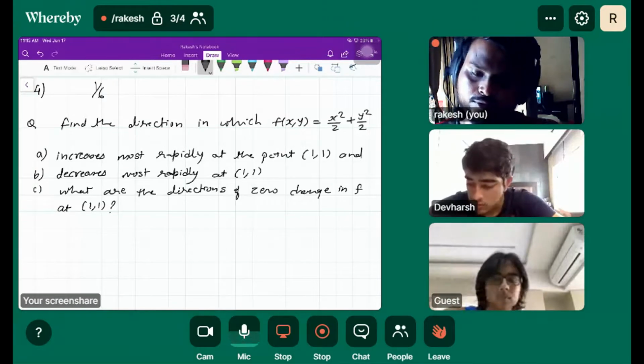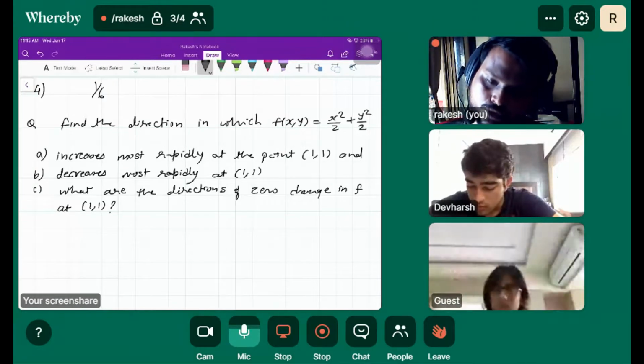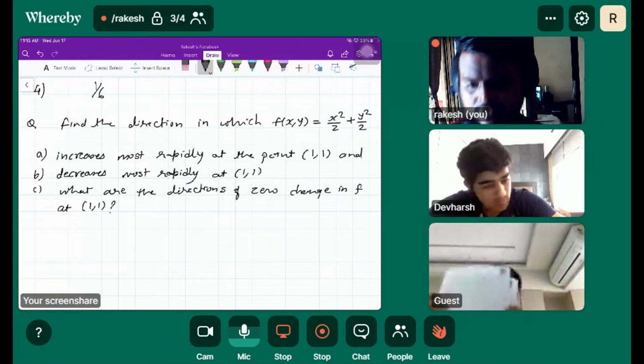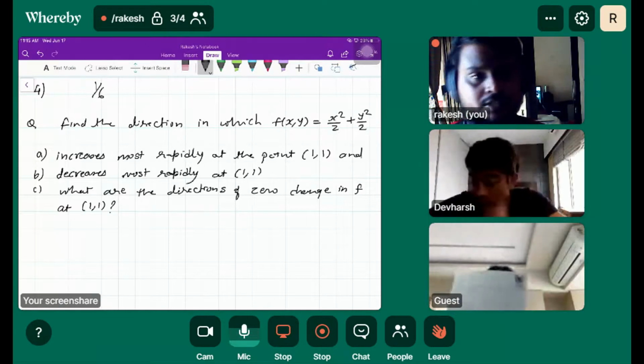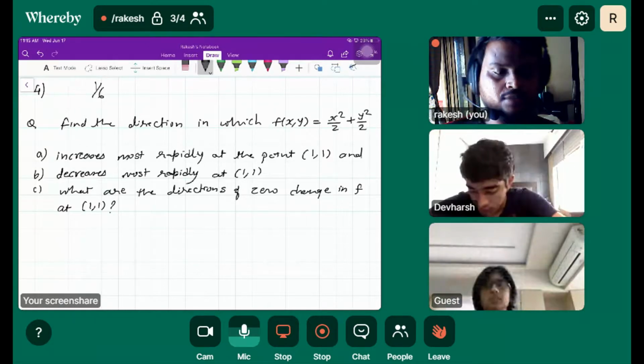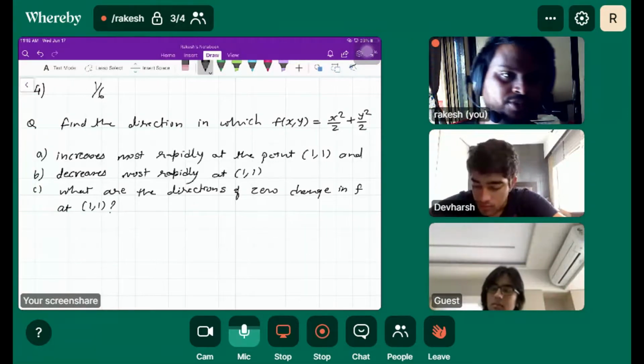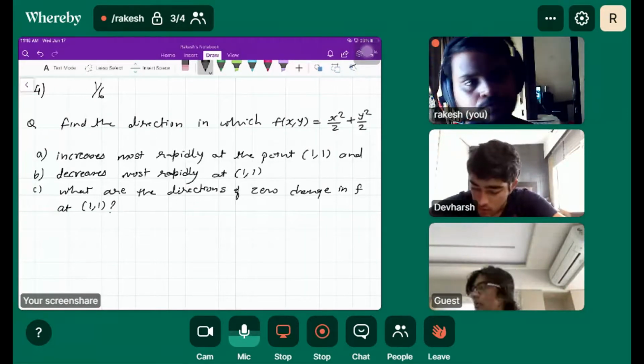So we'll discuss that question also. We discussed that quickly in the last class, but we didn't solve it. So first you solve this. This is very straightforward. Then we'll move to that question.